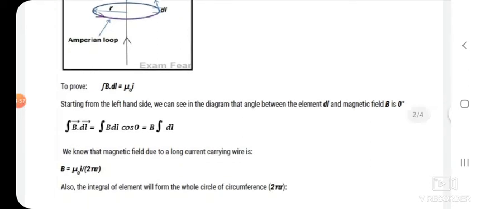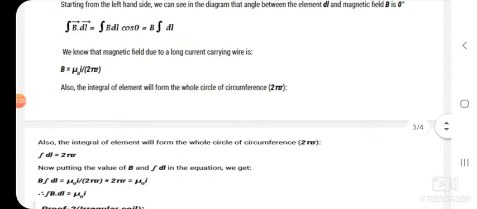We know that magnetic field due to a long current carrying wire is B equal to mu naught I by 2 pi r, where 2 pi r is the circumference of that Ampere's loop. Also the integral of the elements will form the whole circle of circumference 2 pi r. Therefore integral dl is equal to 2 pi r.